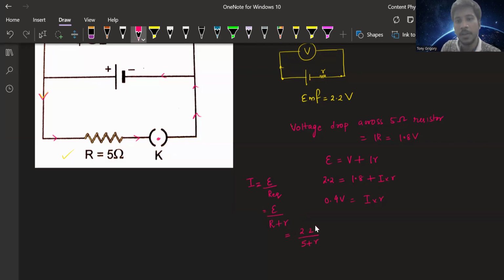So this value of current I can be put into this equation. This becomes 0.4 is equal to 2.2 upon 5 plus R, times R. So this will be 0.4 times (5 plus R) is equal to 2.2 times R.